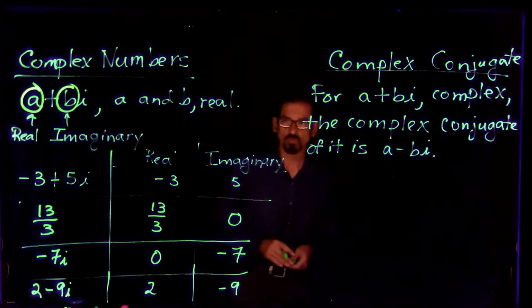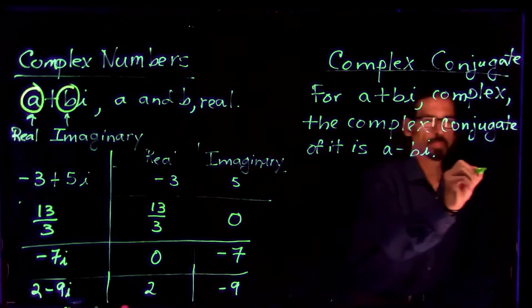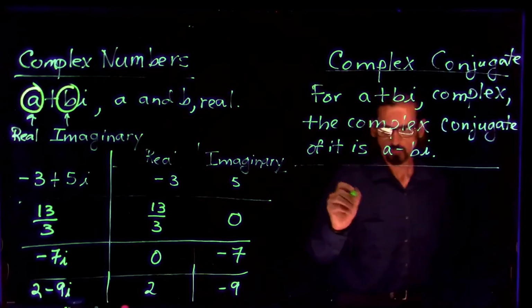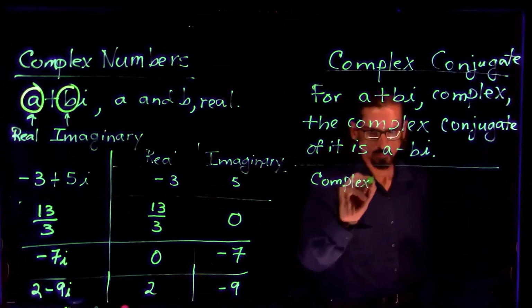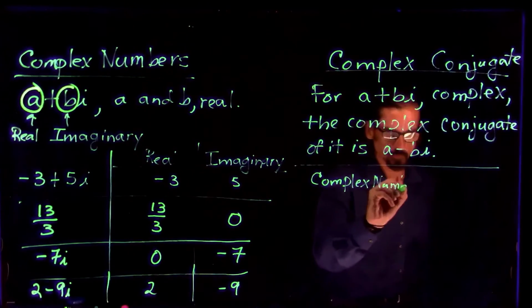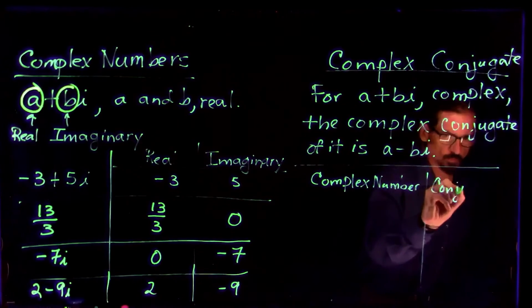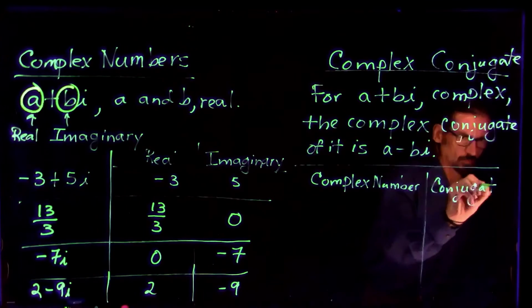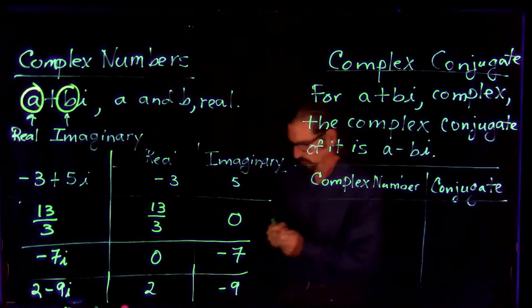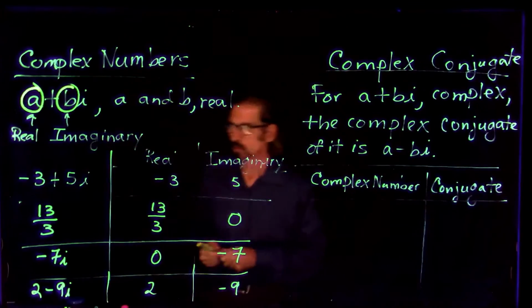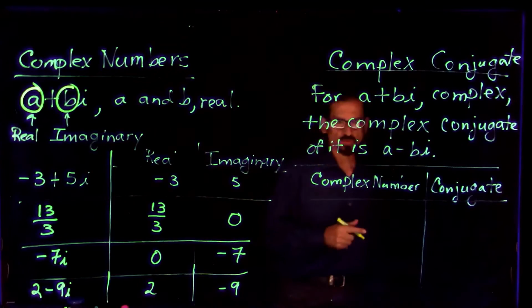So here's some examples of finding complex conjugates. We have 1/2 plus 3/2 i.